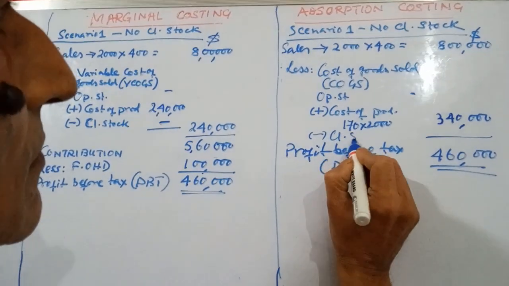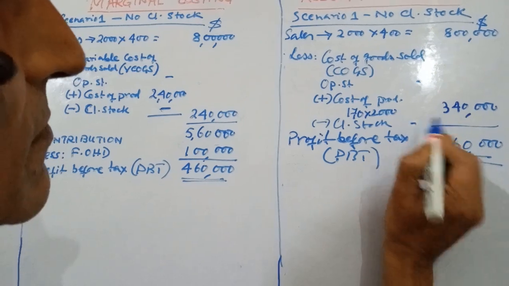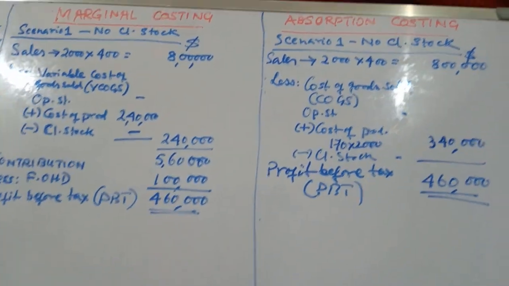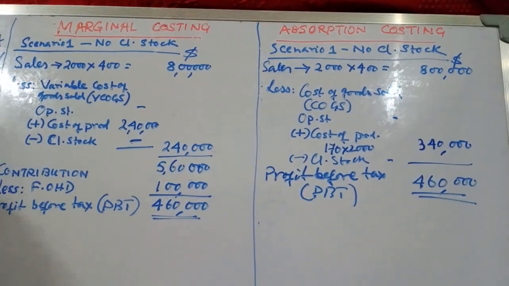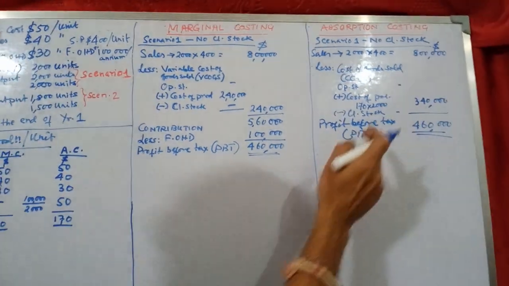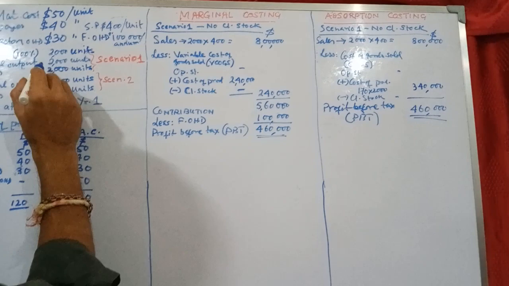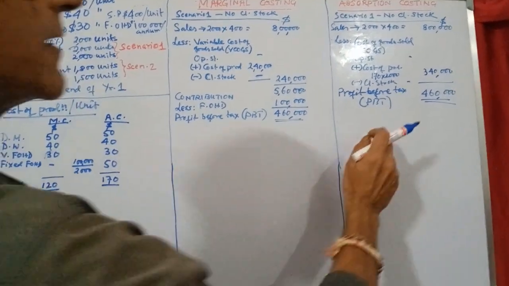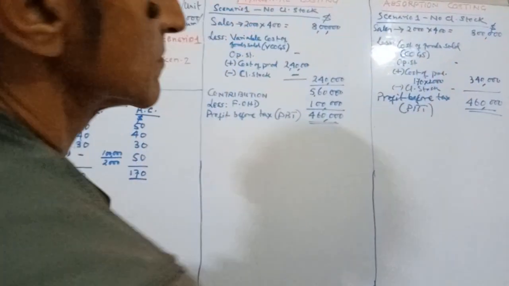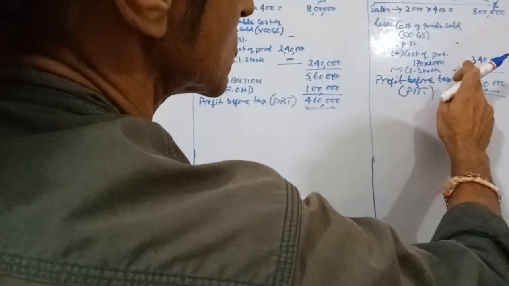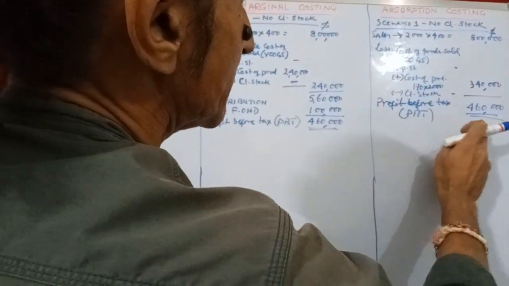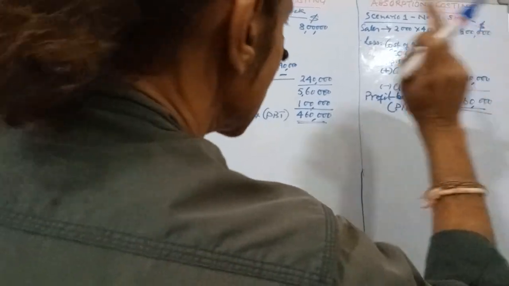We don't have any opening stock. And what is cost of production? 170 into 2000, that gives us 340,000. So sales minus cost of goods sold gives us profit before tax, PBT, that is 460,000.